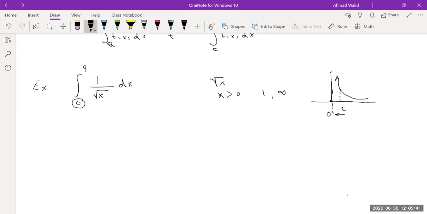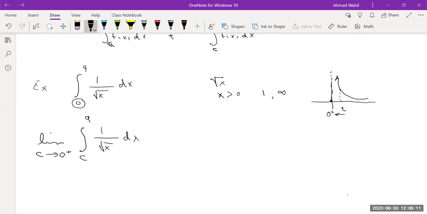Then I will rewrite this problem as a limit, C approaching 0 from the right, integral, wherever you have the discontinuous limit, change it to C, from C to 9, 1 over square root of x dx. From here on, I think each one of you knows how to solve this problem, correct?